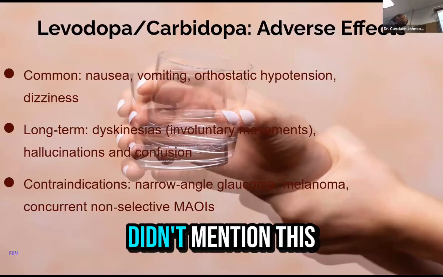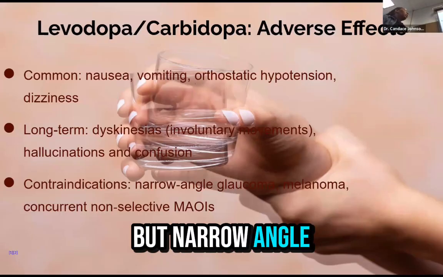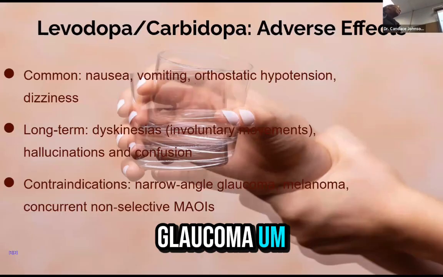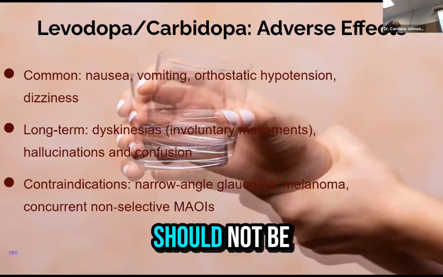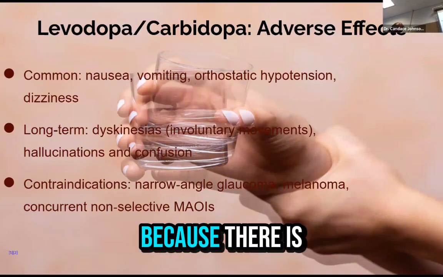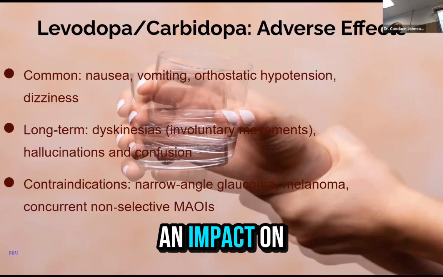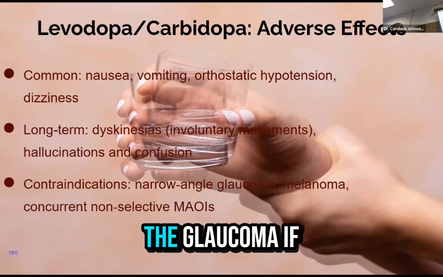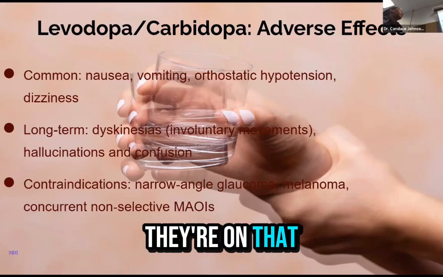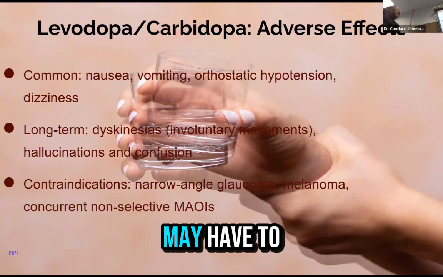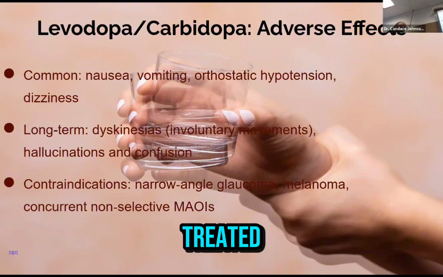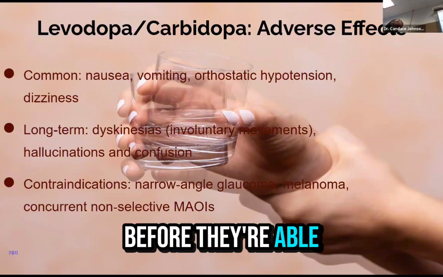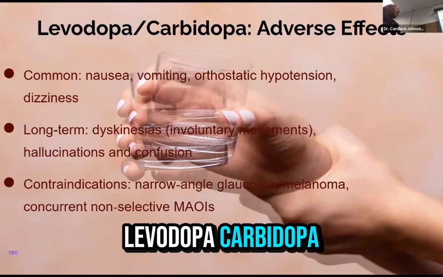And I didn't mention this before, but narrow angle glaucoma: if a person has that, they should not be taking levodopa carbidopa because there is an impact on the glaucoma. Or they may have to have the glaucoma treated before they're able to take the levodopa carbidopa.